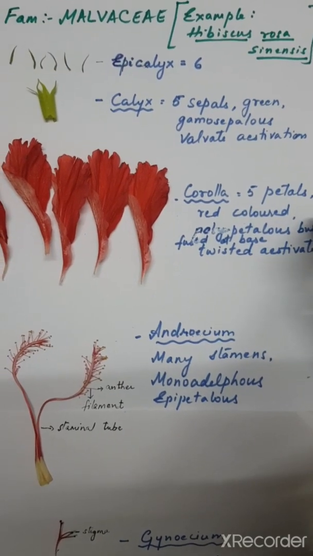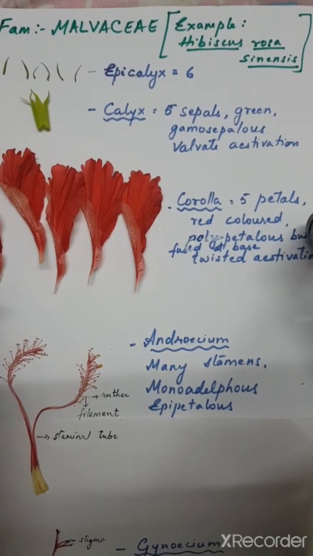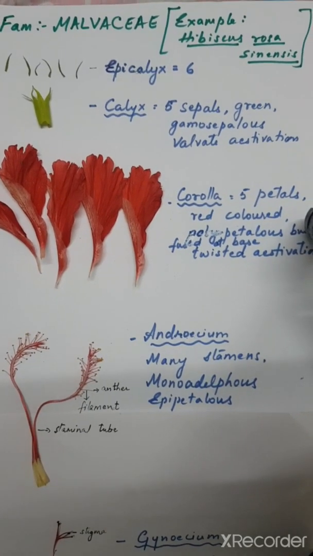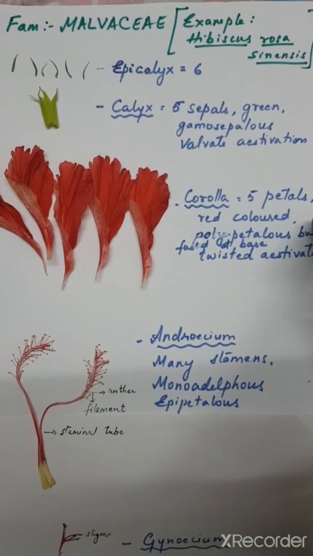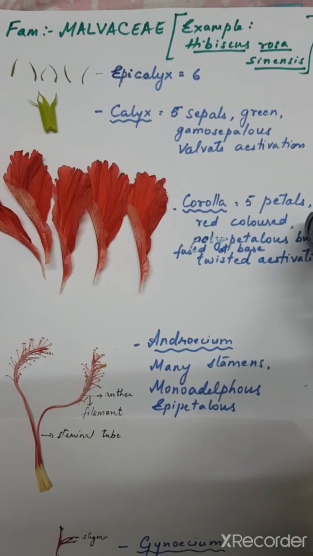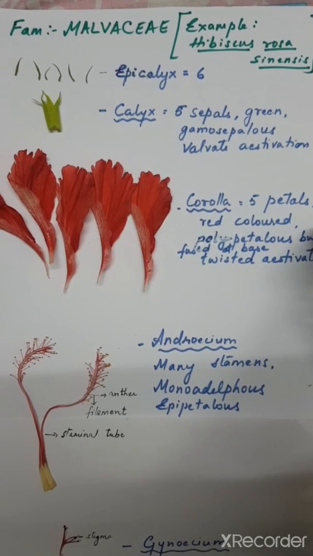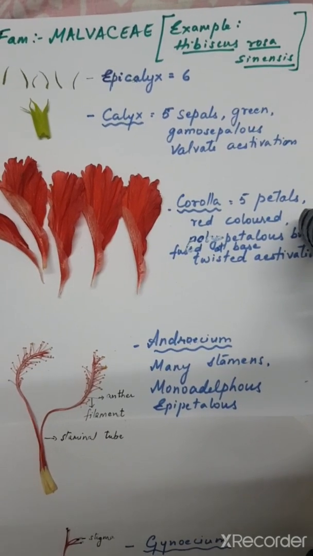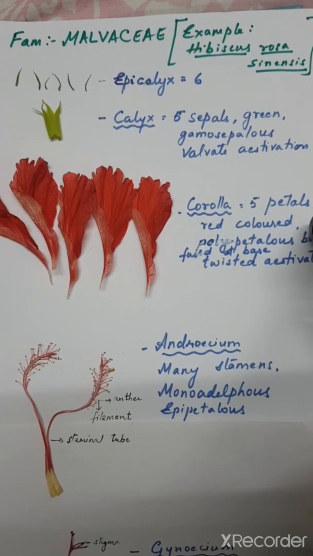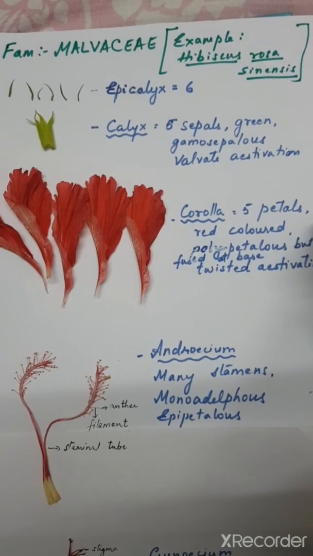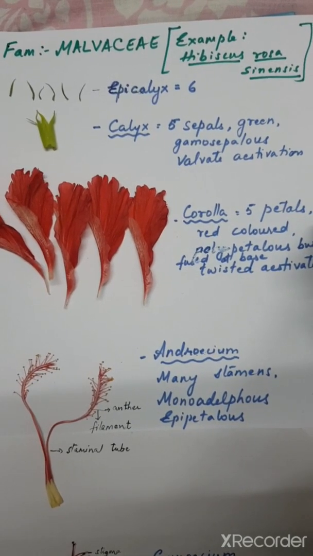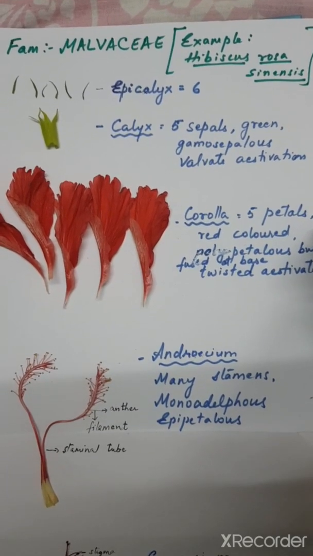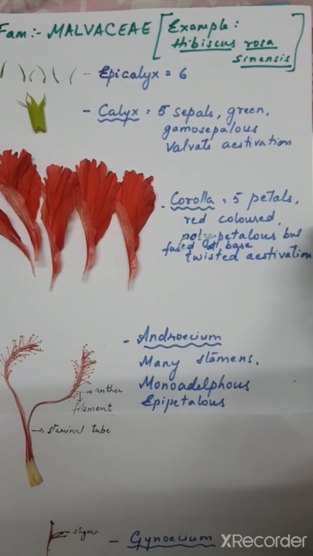Then coming to the corolla, there are 5 petals, red in color, and they might look gamopetalous, but on the top they are free, so let's write it as polypetalous and fused at the base, because only then will the staminal tube be attached to them. So they are fused at the base but free at the ends. And aestivation is twisted aestivation.